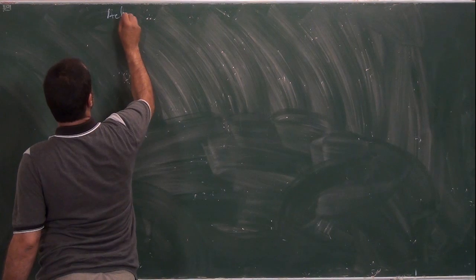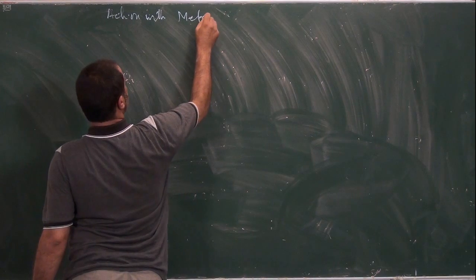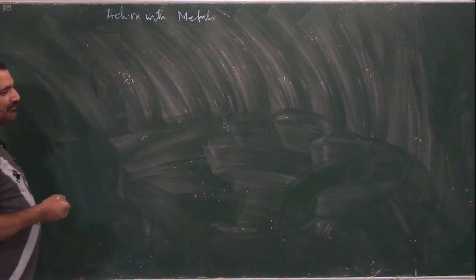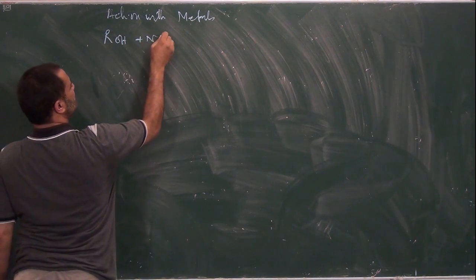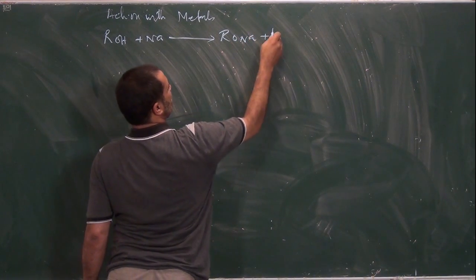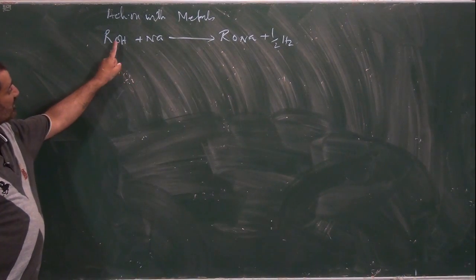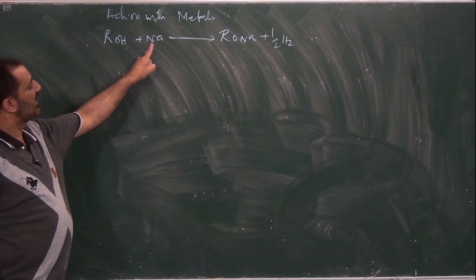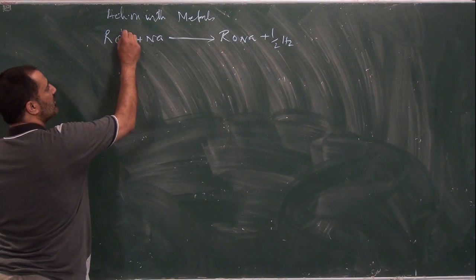ROH plus Na gives RONa, sodium alkoxide, plus half H2. Displacement of hydrogen gas from this compound by an active metal indicates the acidic character of the alcohol.